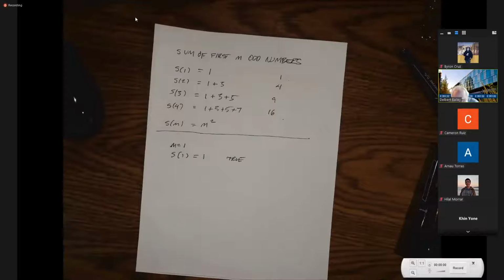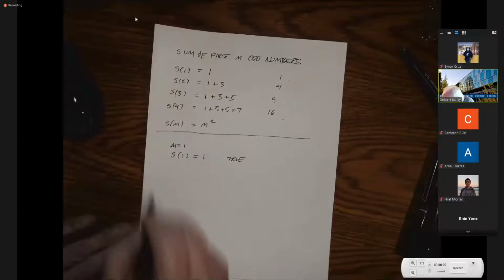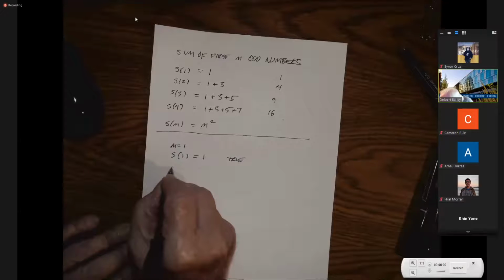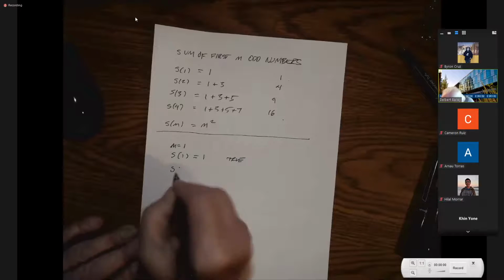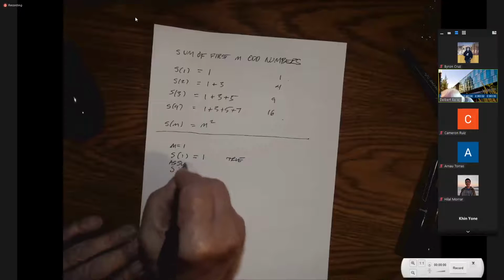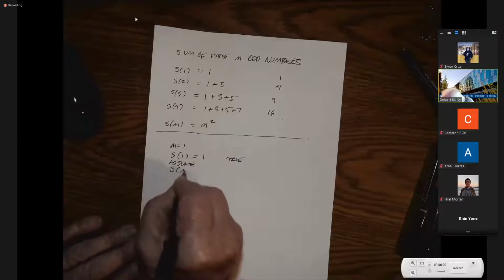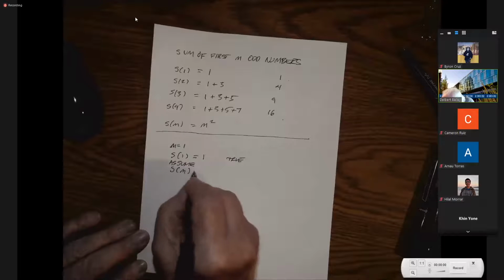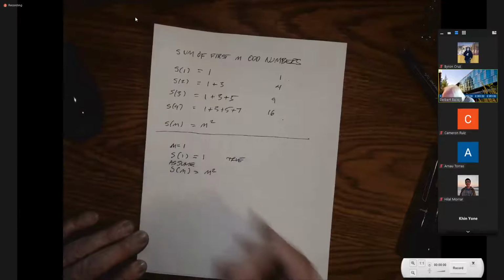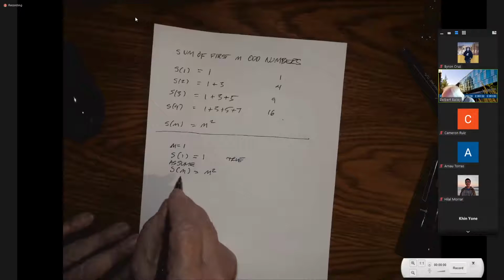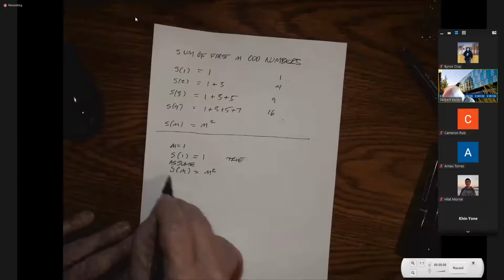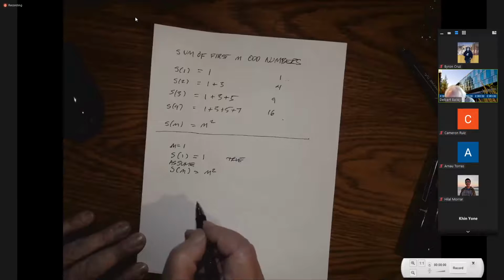So what are we saying there? We're saying assume that it's true for n, and then prove that it's true for n plus 1. So I want to assume this, and from this assumption show that it's true for n plus 1, which would be S(n+1) is equal to (n+1) squared.